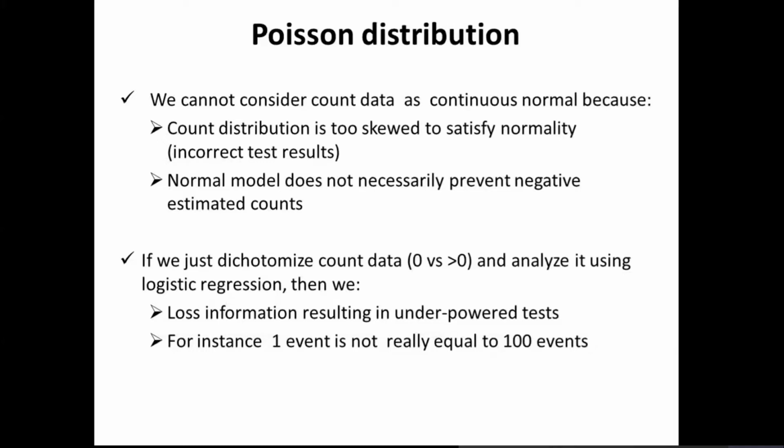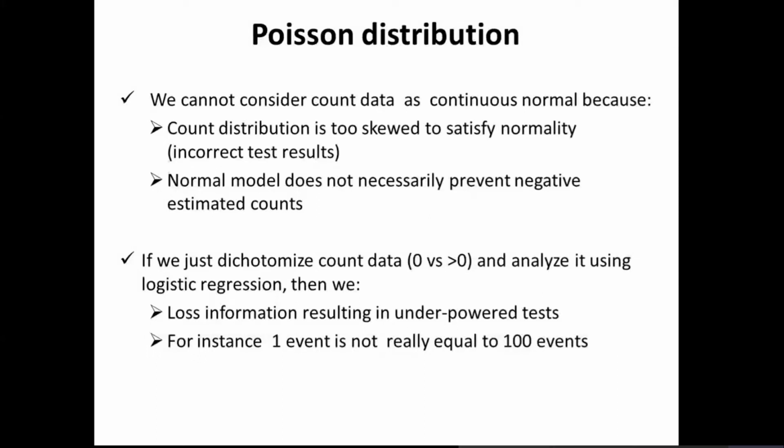That is one limitation. So the summary is: if you have count data, don't simply approximate it as a Gaussian distribution. In that case, you should not use linear regression or ANOVA, because if the data are skewed, we cannot apply these statistical methods.